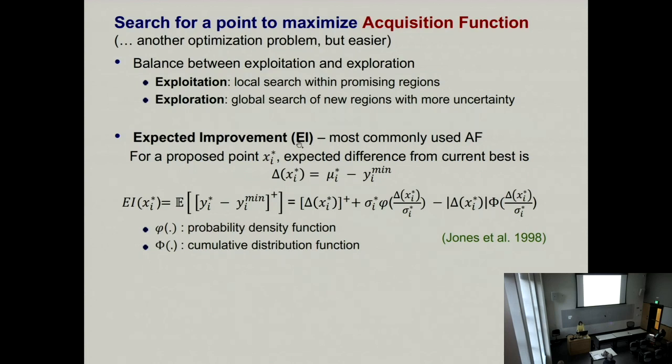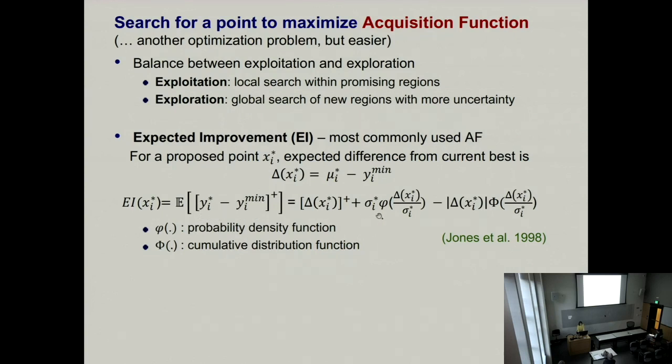Then the mathematical equation for this expected improvement looks very mind-boggling. But the intuitive explanation is, suppose after a certain number of function evaluations, you already know your current best. Then the next point you want to choose is xi star, and the predicted mean is this. You find the difference between these. So what you want to do is maximize this expected improvement, which is given by this quantity.